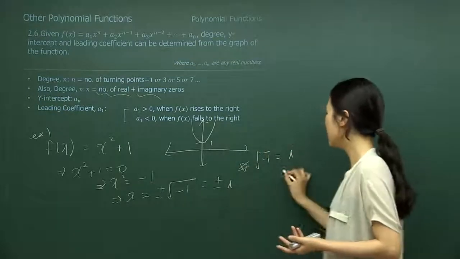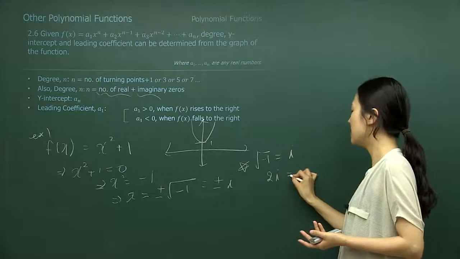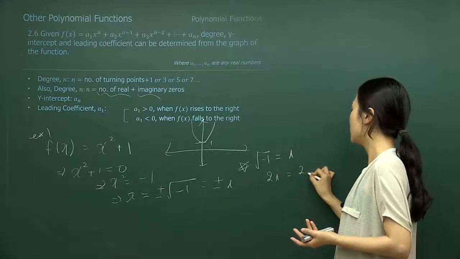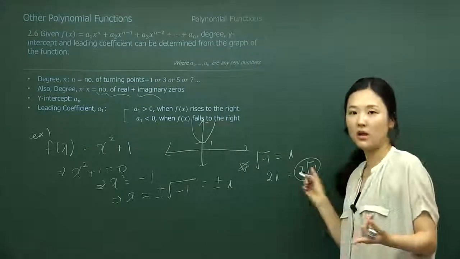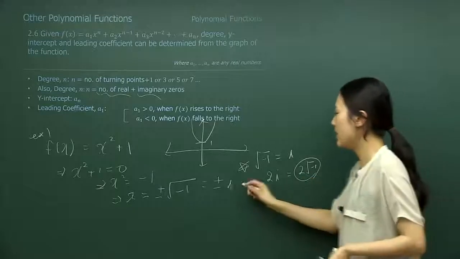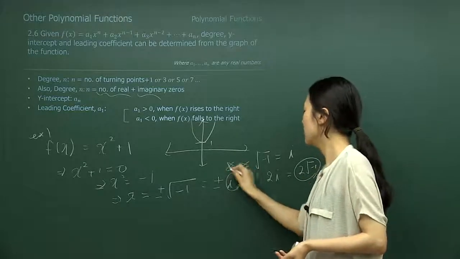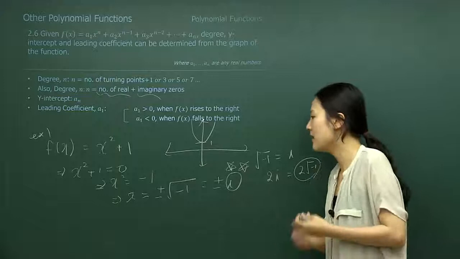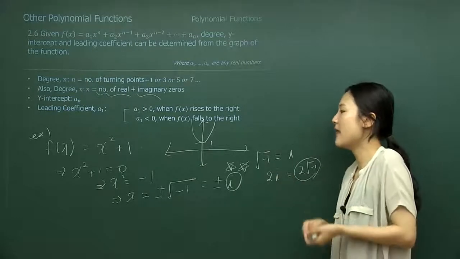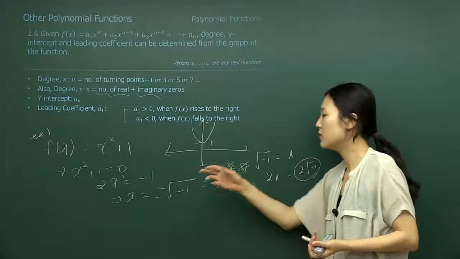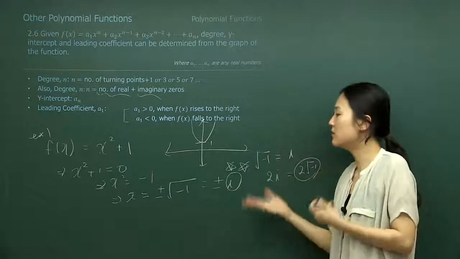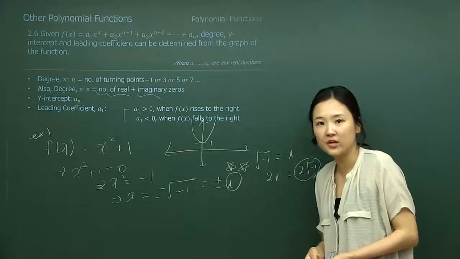So quickly, if you see 2i, it basically means 2 times the square root of -1. So we have this special i that can help us write down what an imaginary zero is. Though it's not really shown in the graph, we can still calculate it.